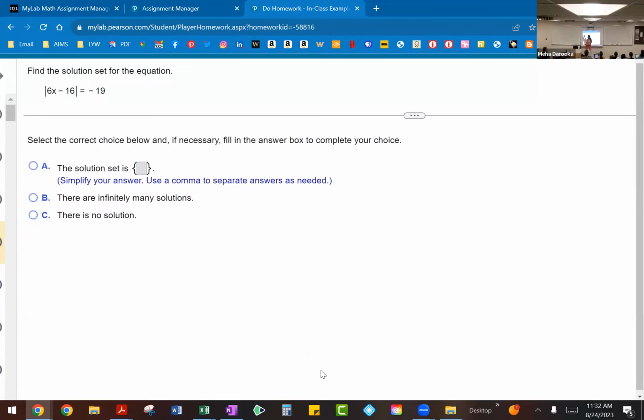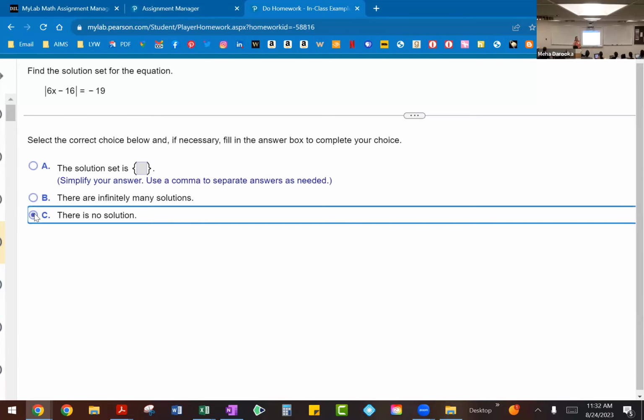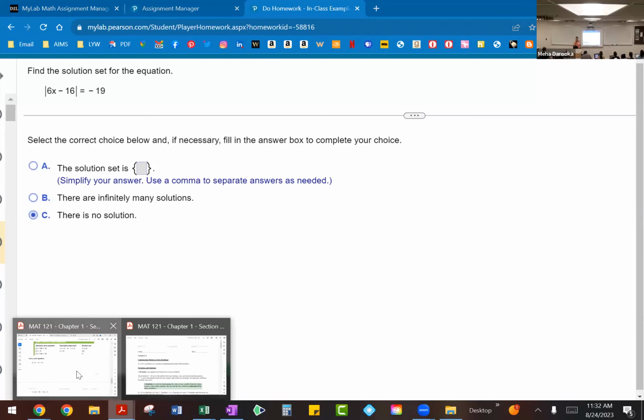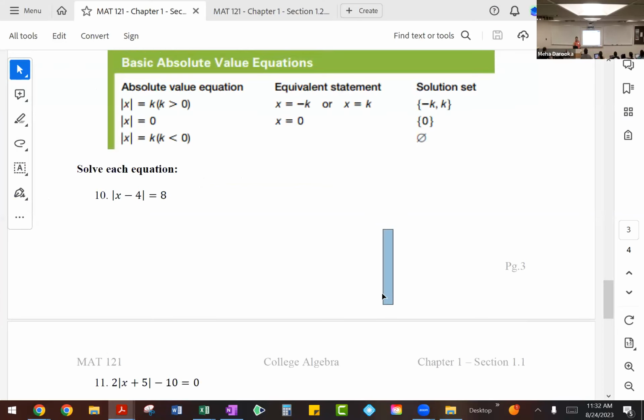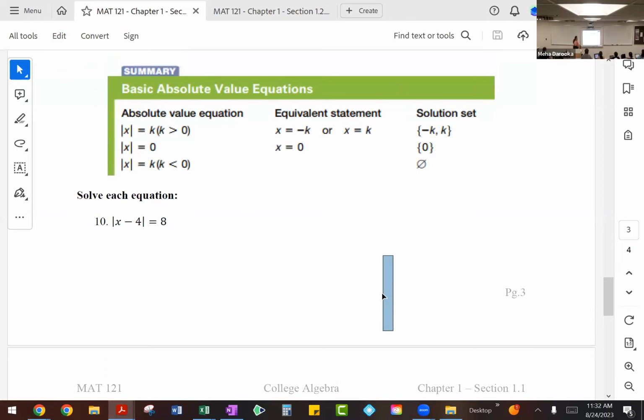So this is actually one of those trick questions, because you will see we've taken the absolute value and we've set it equal to a negative number. And when this happens, there is no solution to your equation. It actually does mention this in your notes.